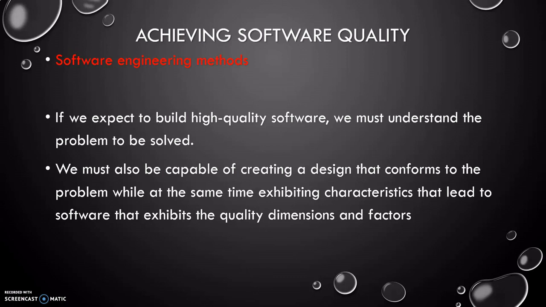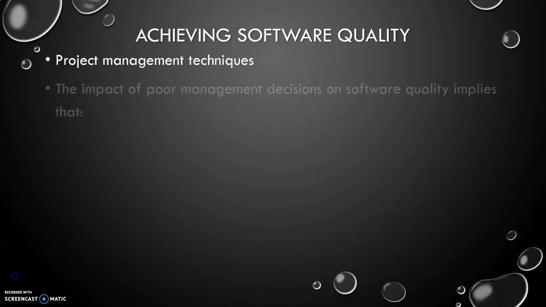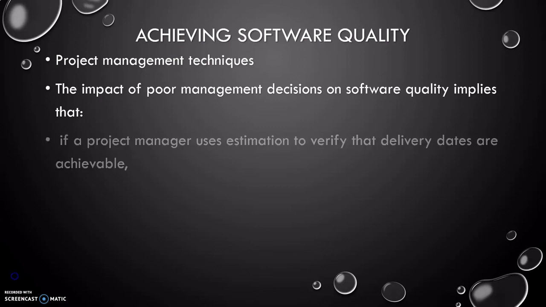Many methods have been discussed in the earlier units. Then we have project management techniques. The impact of poor management decisions on software quality implies that if a project manager uses estimation to verify that delivery dates are achievable, that is very wrong. It should not be estimated, it should be carefully calculated.